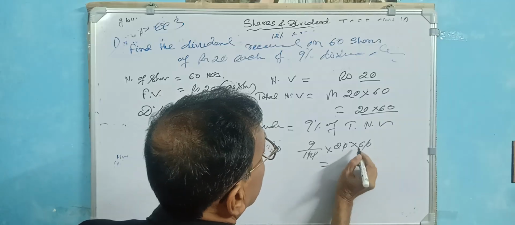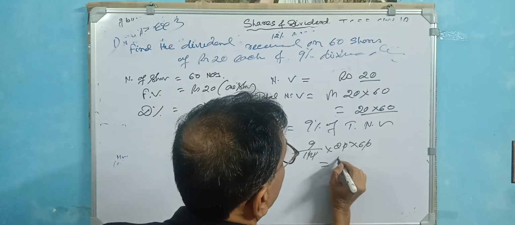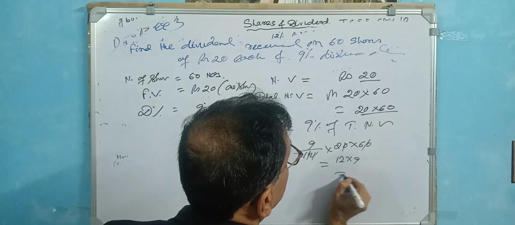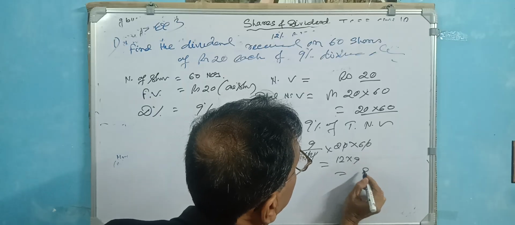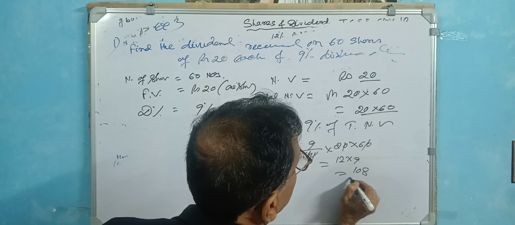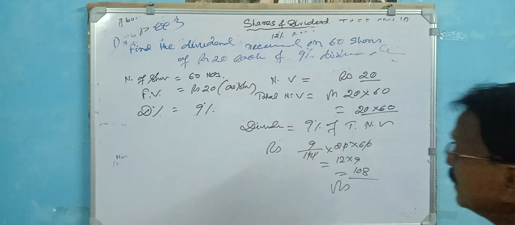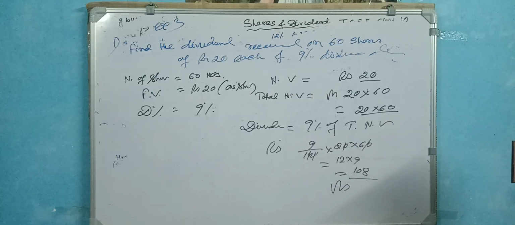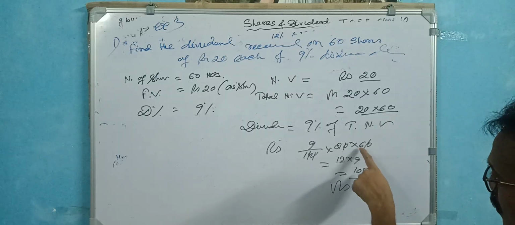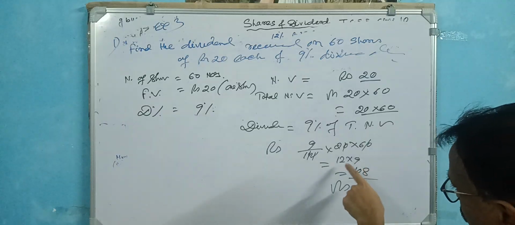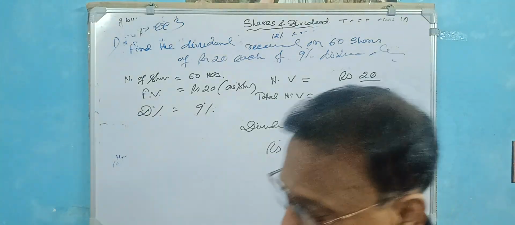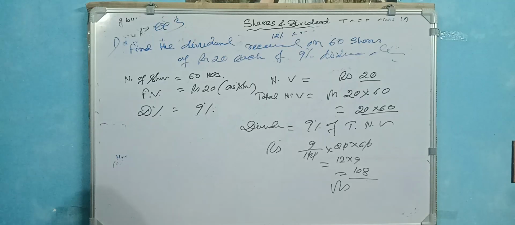Then 12 into 9, rupees 108. This is the total dividend. In this way you solve the sum. No problem at all.